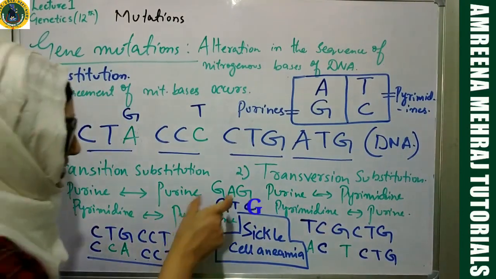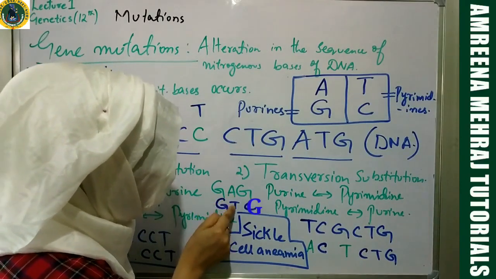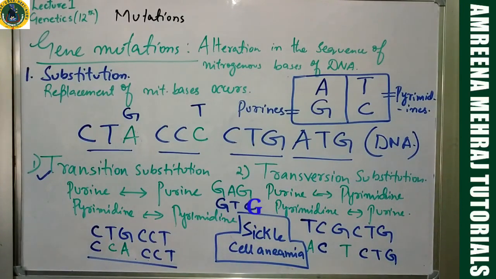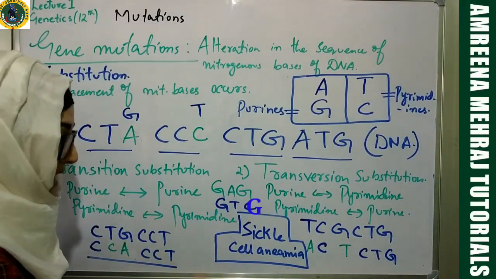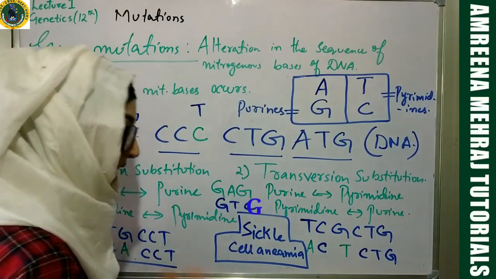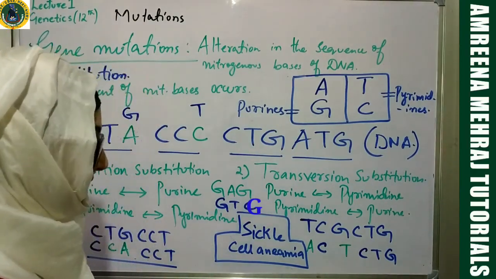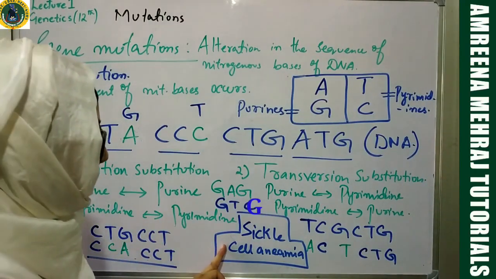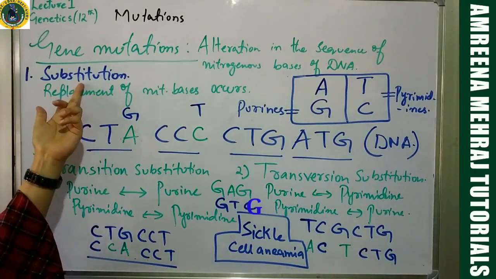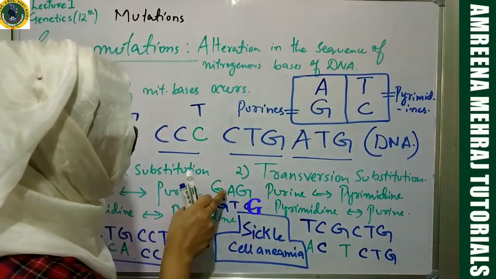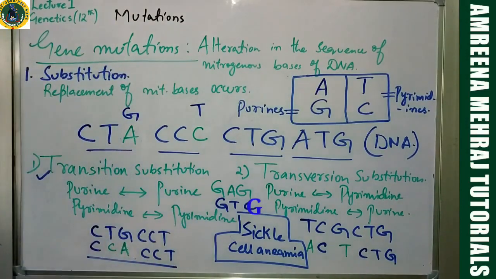So because of just one base getting substituted, adenine being replaced by thymine in DNA, a genetic disorder arises in which your hemoglobin becomes defective, and the condition is called sickle cell anemia. We will discuss this ahead. But the reason behind sickle cell anemia is substitution. And which type of substitution, to be very specific? It is transversion substitution, where adenine is being replaced by thymine. This was all about substitution.